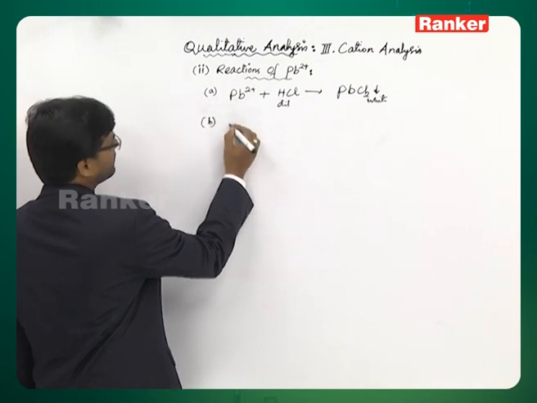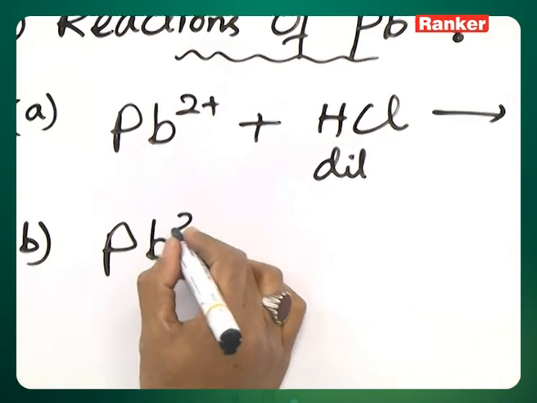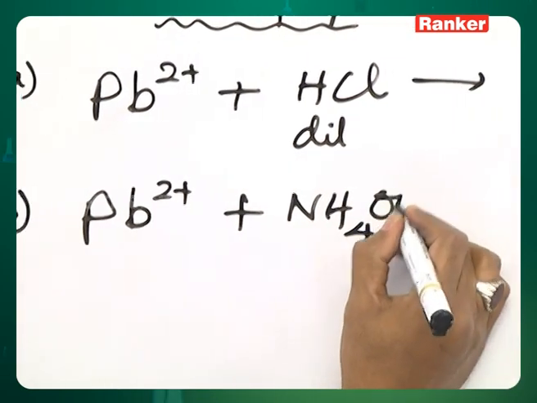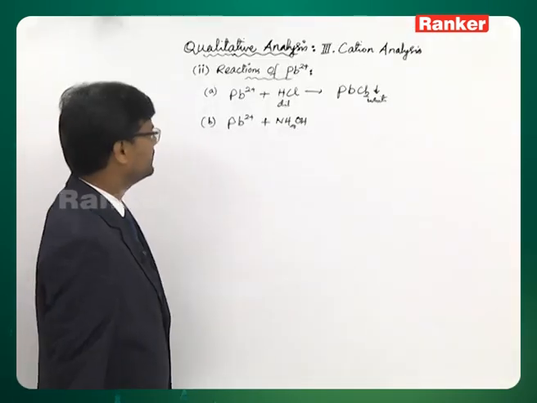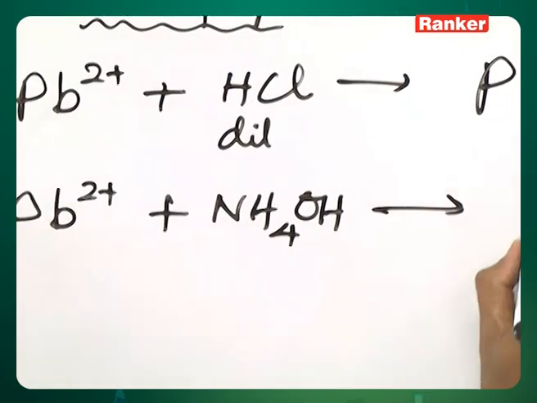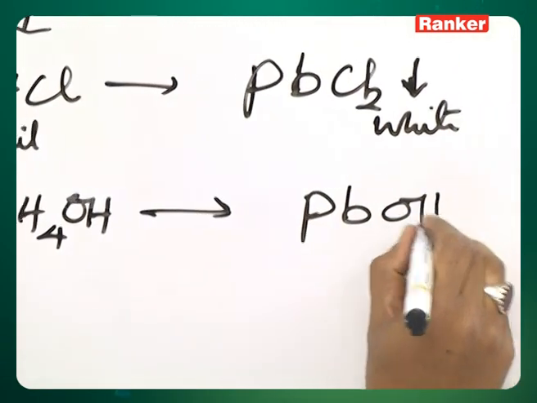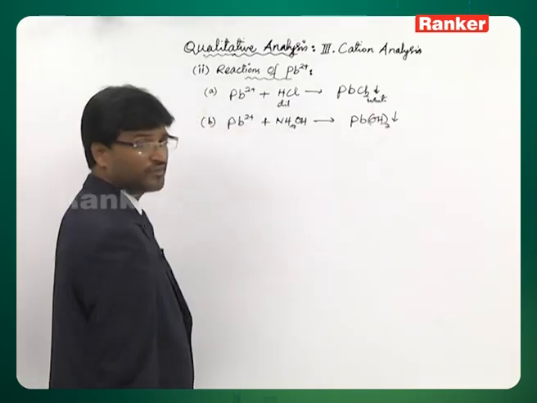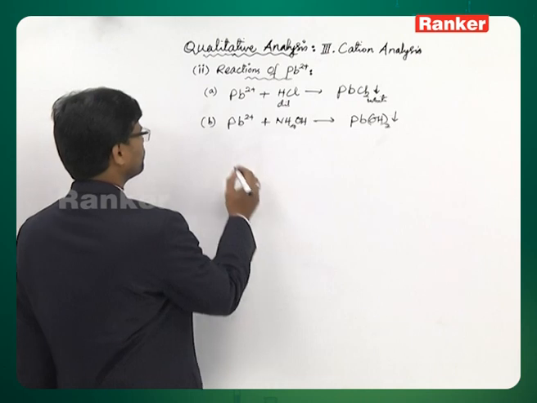B. Pb2 plus with ammonia solution. Ammonia solution is chemically ammonium hydroxide. You get a white precipitate of plumbous hydroxide, insoluble in excess of ammonia.